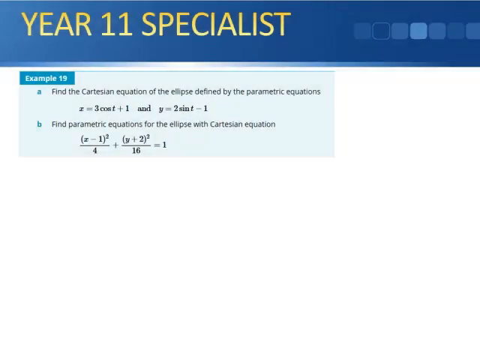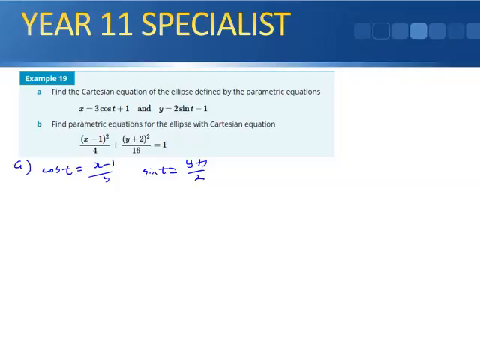So example 19, part A, Cartesian equations of this. So I'm going to rearrange this one and have cos t equals (x minus 1) divided by 3, and sin t equals (y plus 1) divided by 2.